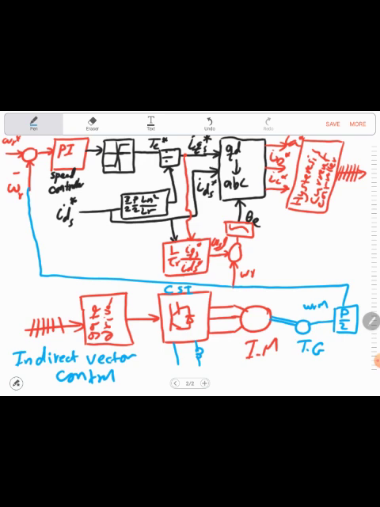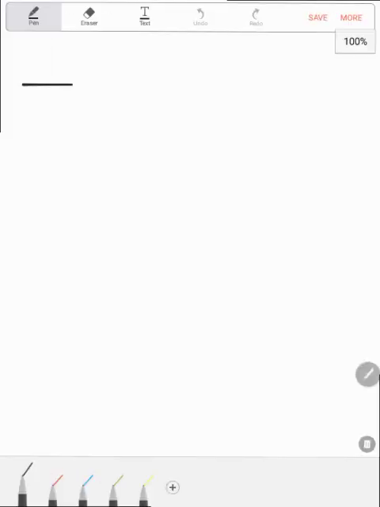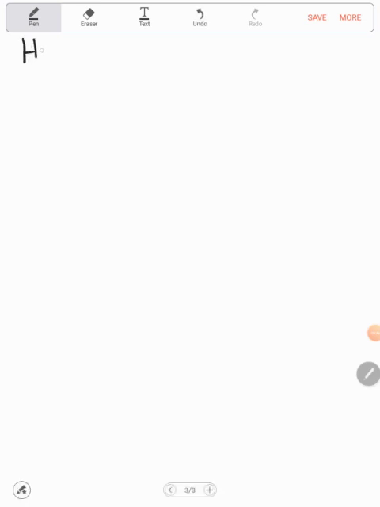Now, what we need to discuss is the hysteresis current control. Now this is current control.